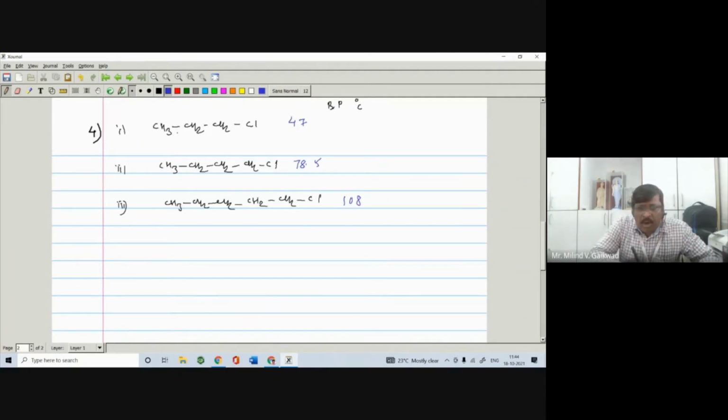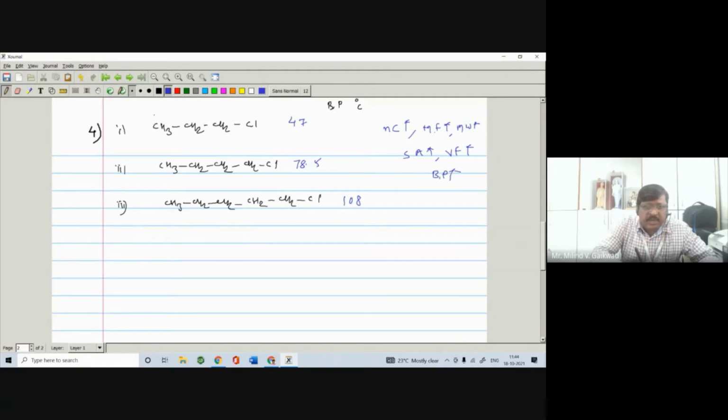So here, as the number of carbons increases, the molecular weight also increases, so the surface area also increases, so the van der Waals force of attraction also increases, so the boiling point also increases.